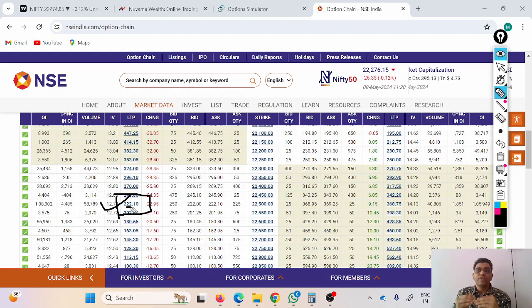Even though the market has not moved at all, even though India VIX is stable and all other things are the same, this premium of 222 rupees for 22,500 will reduce by 20 or 30 rupees in the upcoming 2 days. And this is called theta decay.